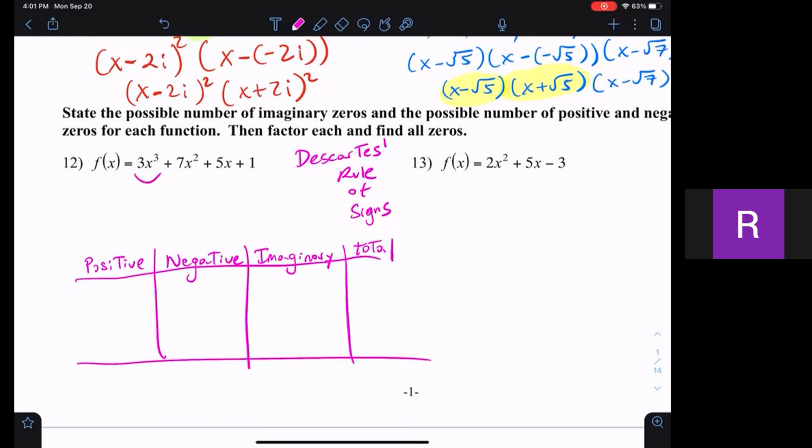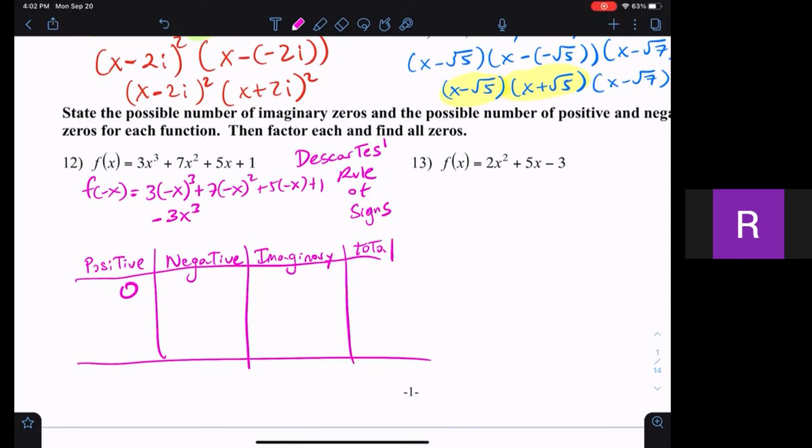So there's no sign change from the positive 3 to the 7. There's no sign change here, and no sign change here. So that means 0 positives, right? What about the negatives? You do f of negative x to check for the negatives. So you plug in the negative here. This is going to be negative x cubed, because a negative to an odd exponent is always negative.